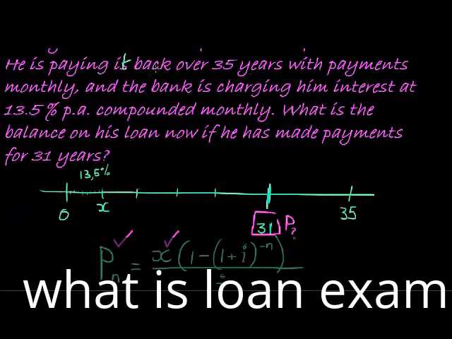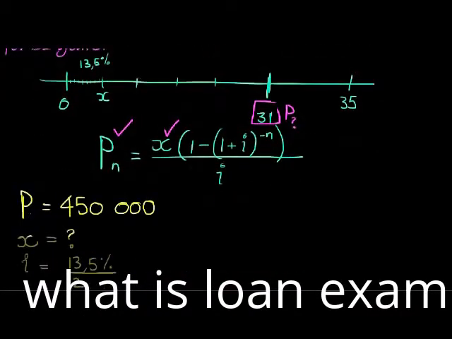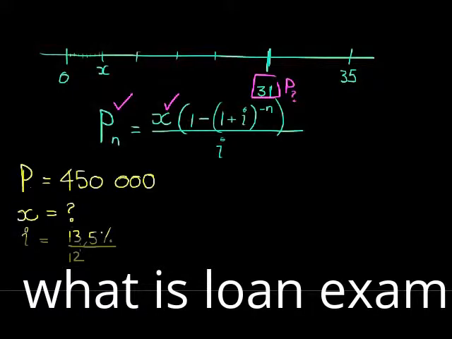Very important: he is making payments monthly. So we know there's 12 months in a year, so he's getting interest not at 13.5%, but at that divided by 12, and also divided by 100 because we're working in a percent there.